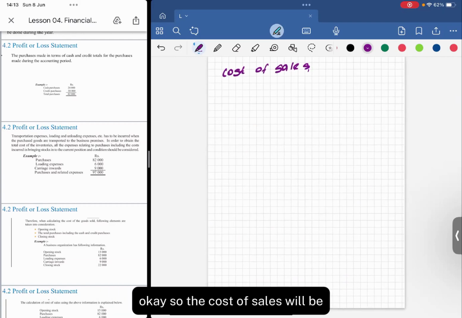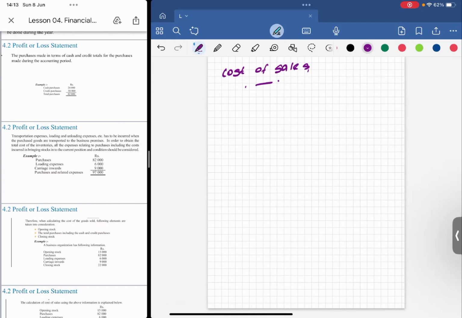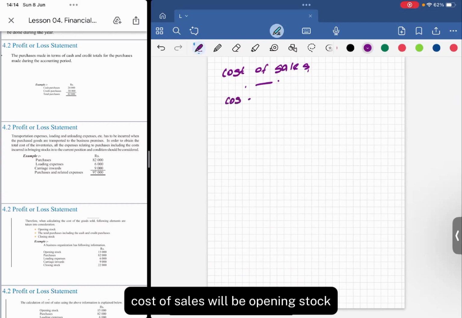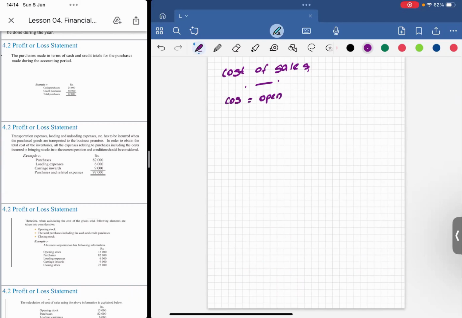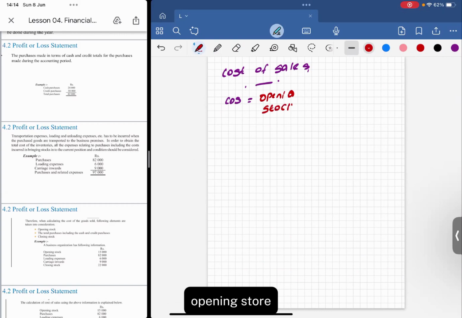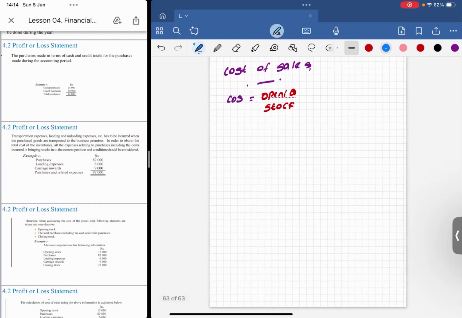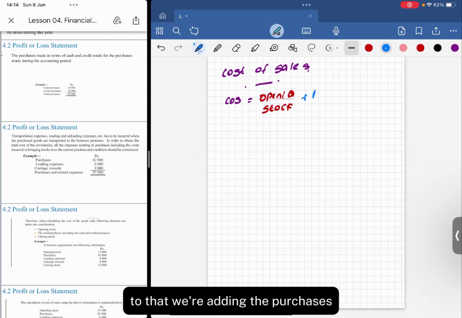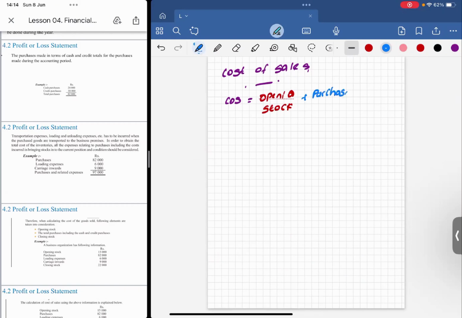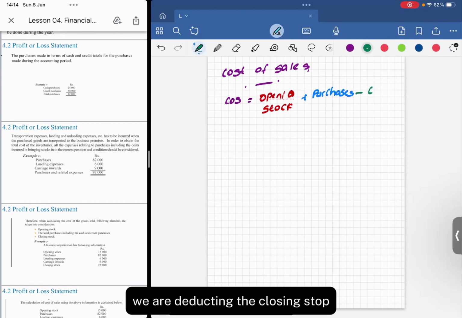So the cost of sales will be opening stock, then to that we are adding the purchases, and then we are deducting the closing stock.